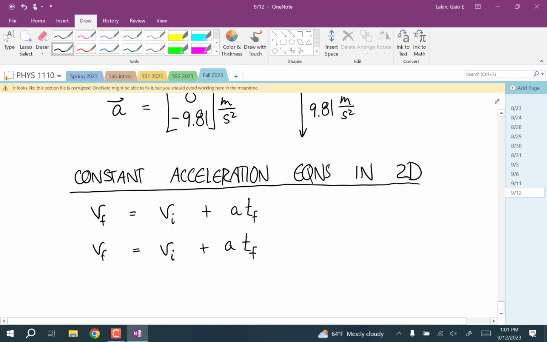And the only difference is now one of these two equations has all x components, and one of them has all y components. And remember, t isn't a vector, so it doesn't have any components at all. It's only the position, velocity, and acceleration ones that have components.